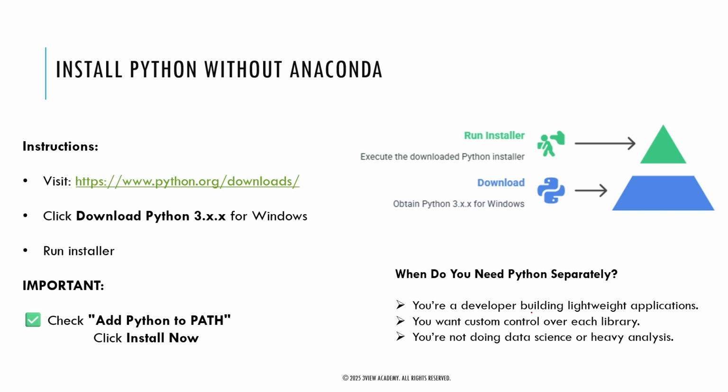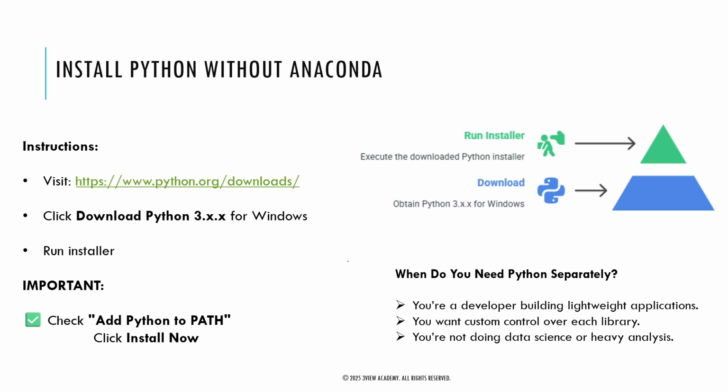If you want to install Python without using Anaconda, here is how to do it. Go to the official website. I have already marked it here. You can go here and download, or you can search on Google for the Python download page. You can see the Python 3.13 version for Windows.